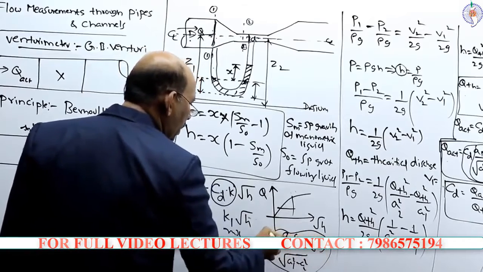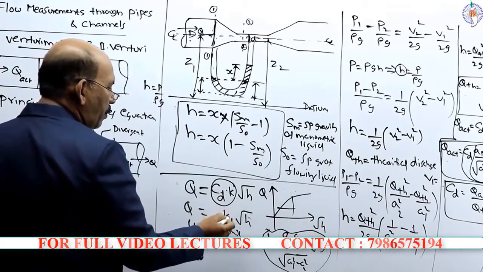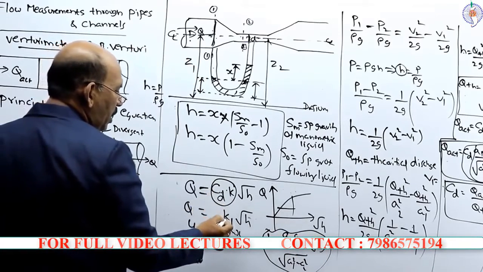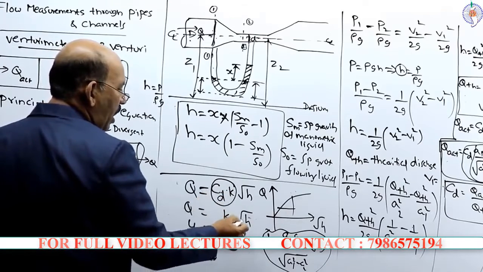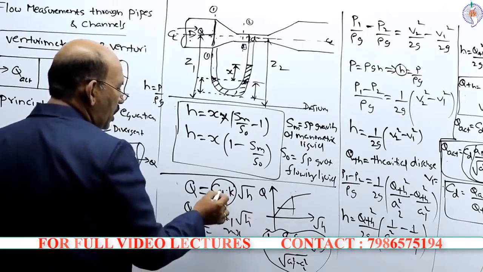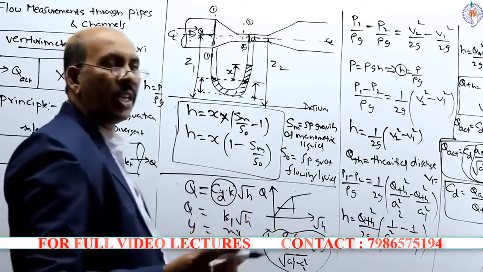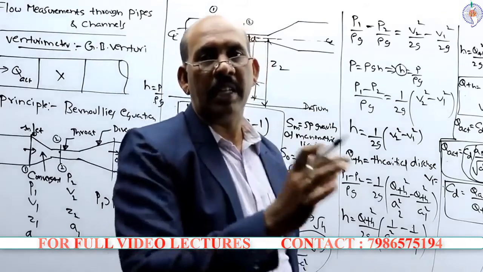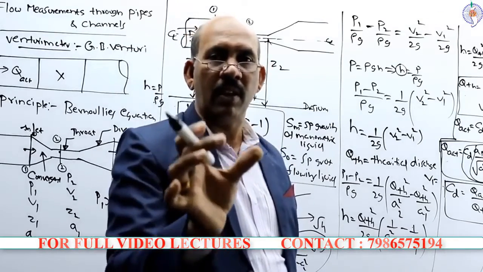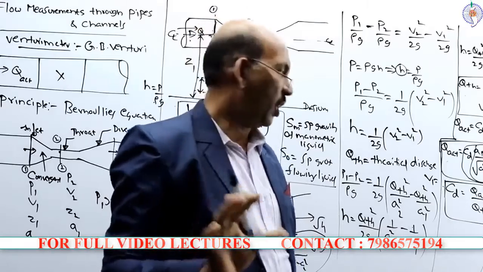This entire term is a constant, so CD into K is equal to K1, and K is known, and you can calculate the value of the CD. Once you plot this particular graph, you can get the value of the coefficient of discharge.